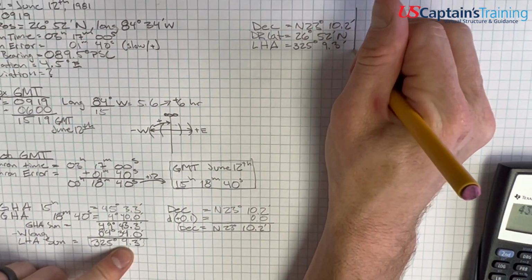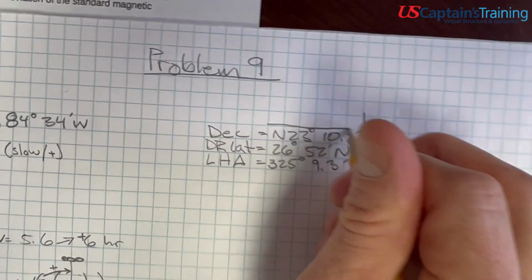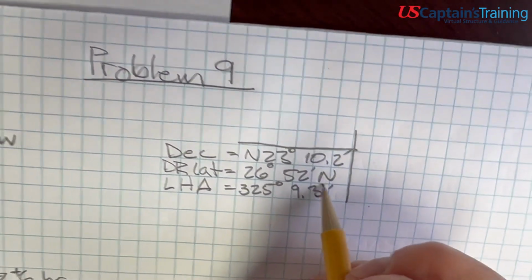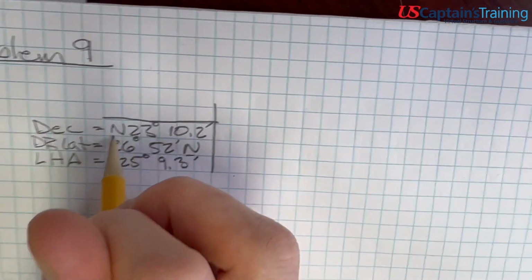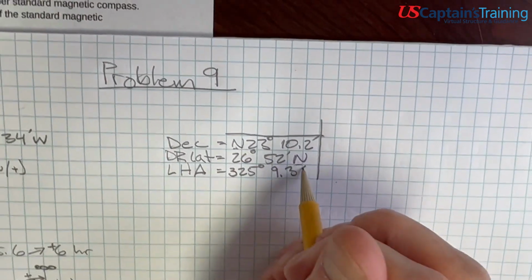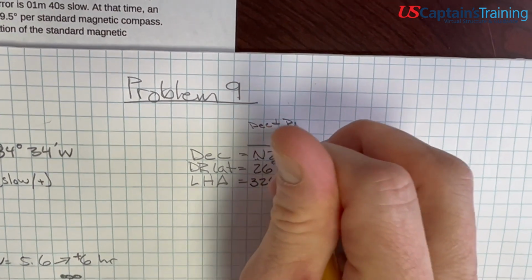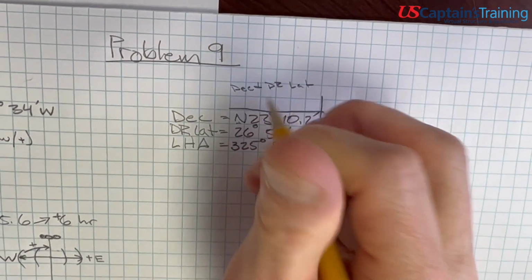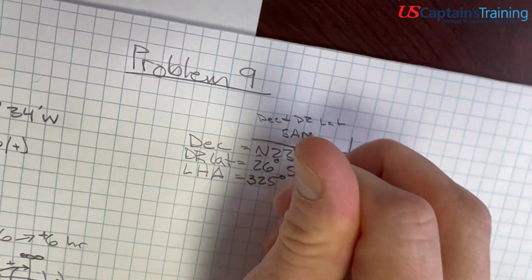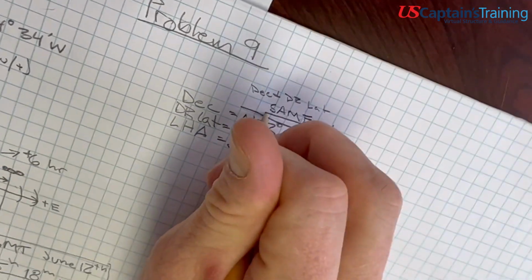Okay, with that, we can get some information from these numbers. Our DR lat and Dec have the same name. They're both north. So we can say Dec and DR lat are the same. That's important.